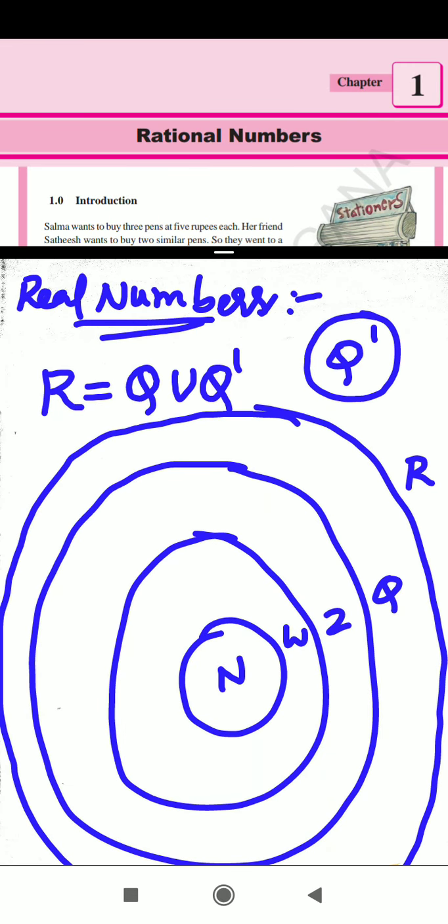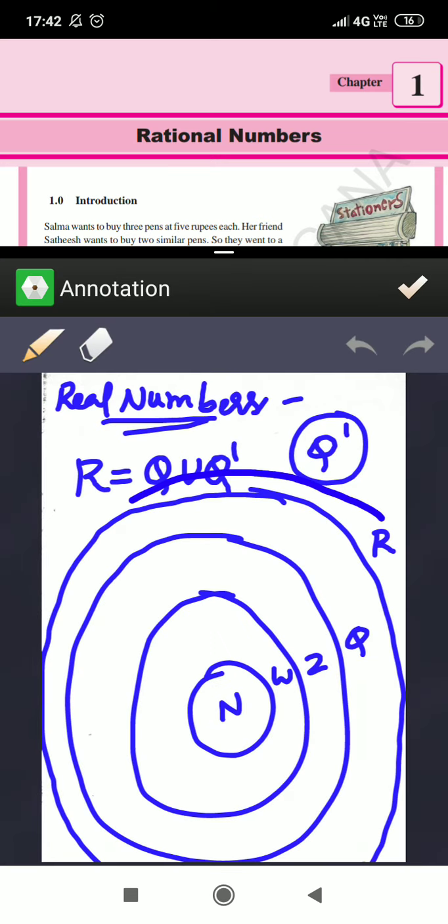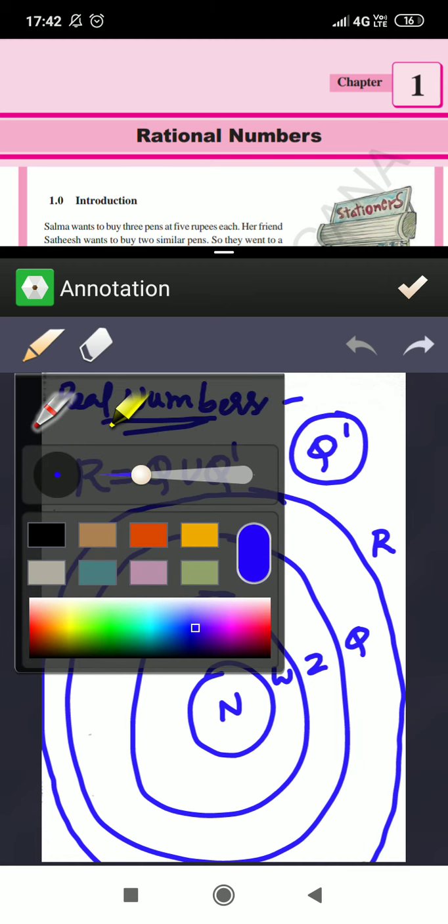Let us discuss real numbers. What is a real number and how do we define real numbers? We are just introducing it, and later we will go through it and learn more about it. Here see, the major portion of the flowchart is now occupied by the real numbers.